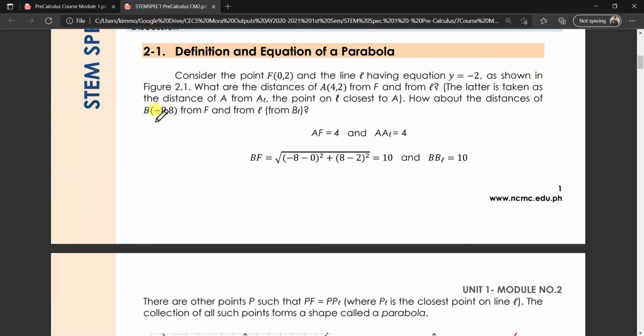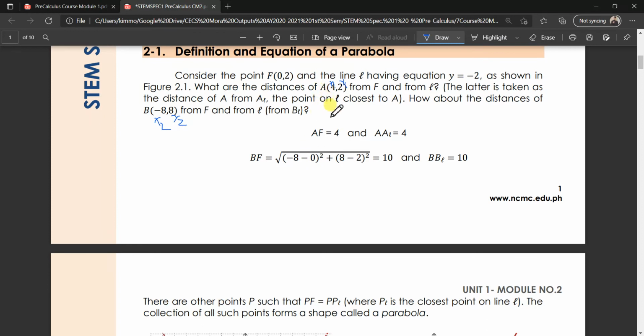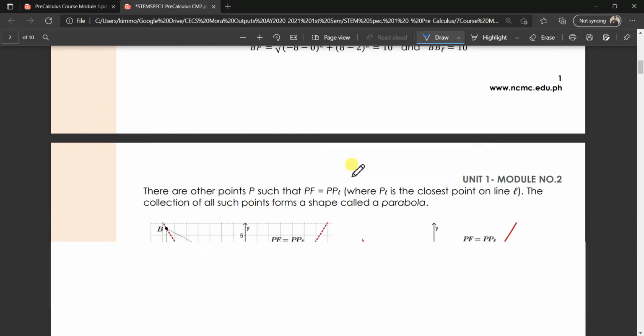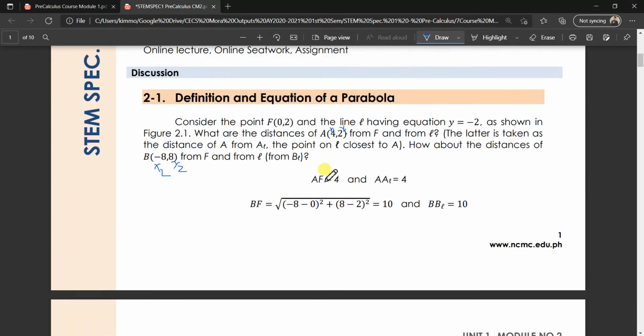Our x sub 2 and y sub 2 are from B, and our x sub 1 and y sub 1 are from point F, which is (0, 2). So x sub 2, that is negative 8, minus our x sub 1, which is 0. Sorry, it is F, not A.